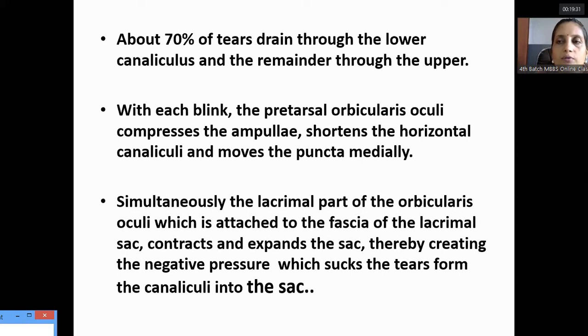So the orbicularis oculi muscle has a great role, and this mechanism is called the lacrimal pump mechanism. We call it pump failure when, in spite of a good, freely flowing lacrimal passage, there is watering.